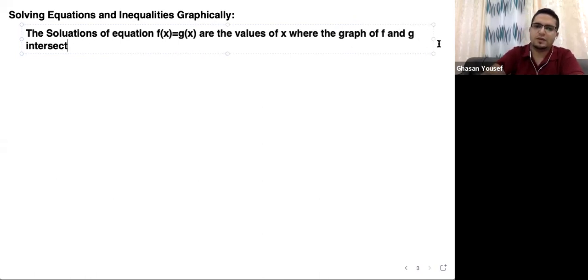So we're looking for where the intersection is between the first curve f and the second curve g. We graph the first function, f of x. We graph the second function, g of x. We look for the intersection between the two curves to find the solution of these two equations. This is the first idea.